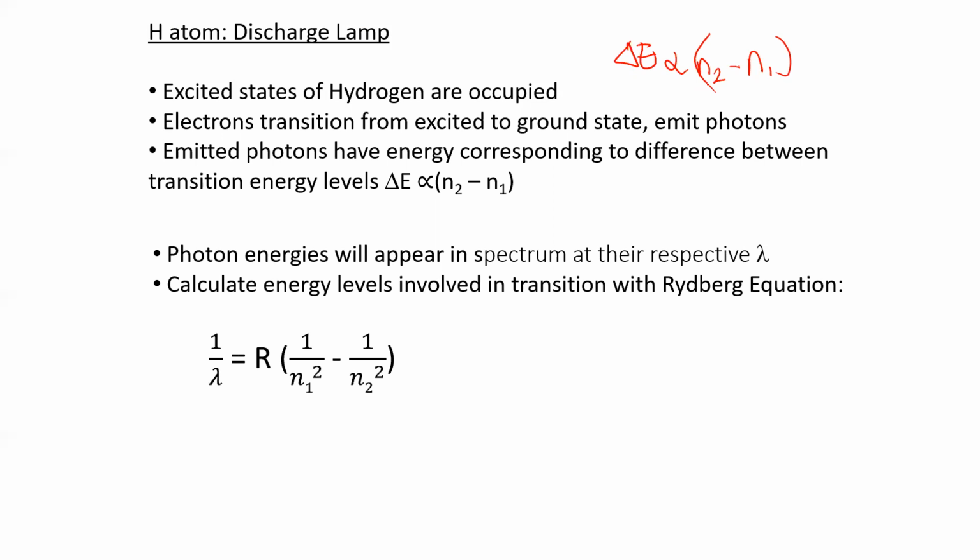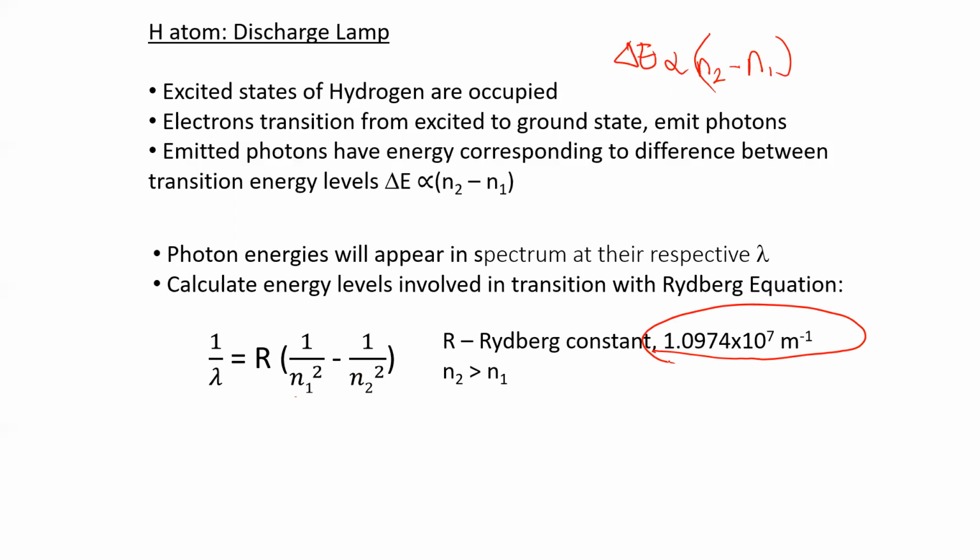And the Rydberg equation is the reciprocal, or 1 over wavelength, is equal to Rydberg's constant times 1 over the energy level squared minus 1 over the energy level squared. Now, what does energy level N1 mean versus energy level N2? So first, the Rydberg constant is in per meters, and that's because of wavelength.